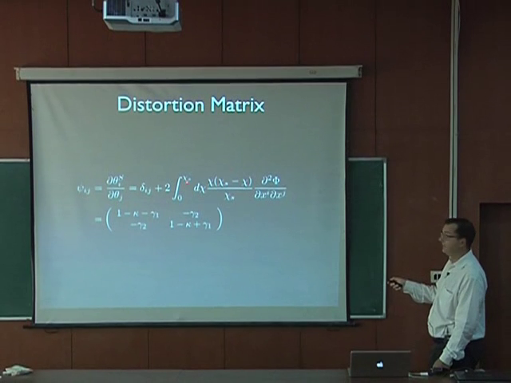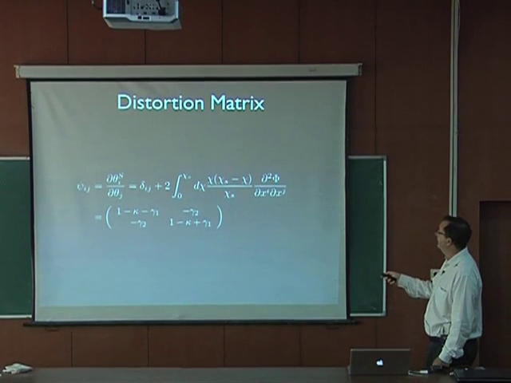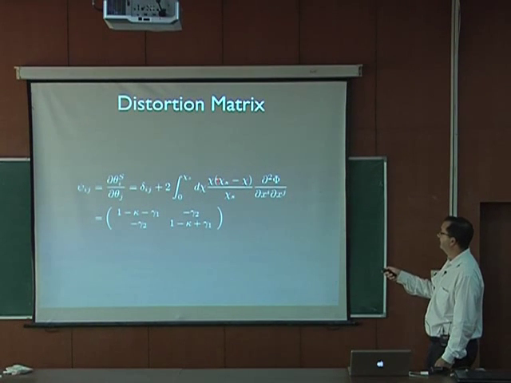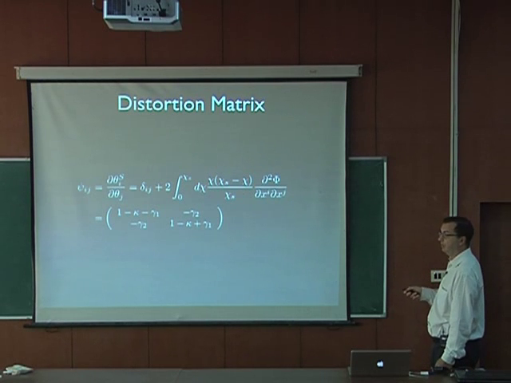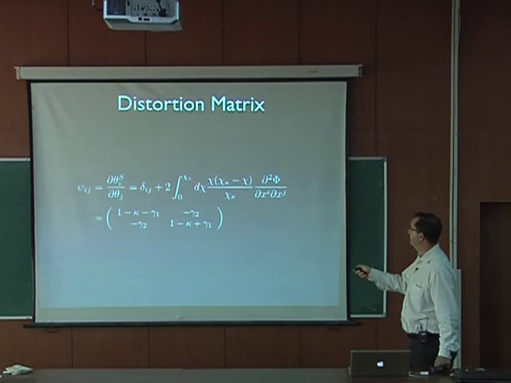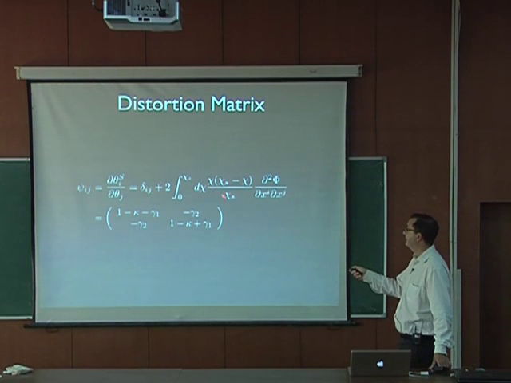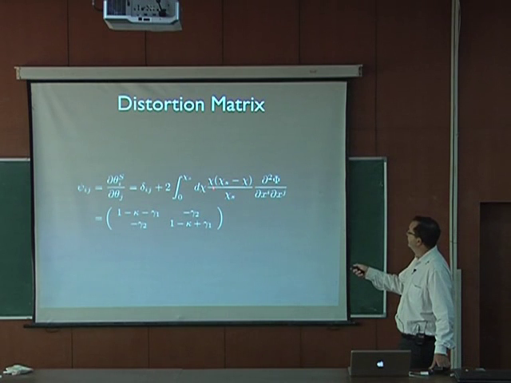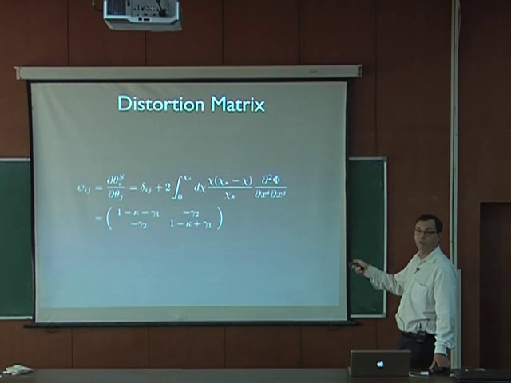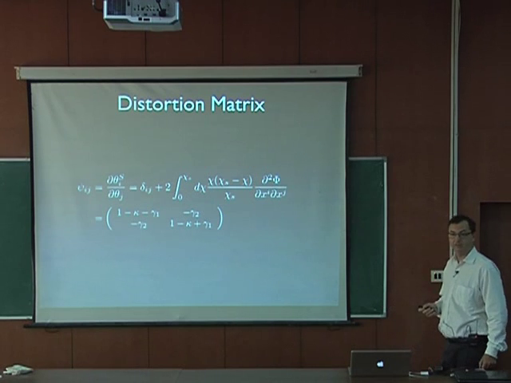And again, here you see these geometrical factors, which are basically the angular diameter distances. And this is in a flat universe. So if you did it in general in an open or closed universe, you would get that these are basically the angular diameter distances from the observer to the source, observer to the lens, and the lens to the source. These are the ratios of distances that we find in the lensing equation.